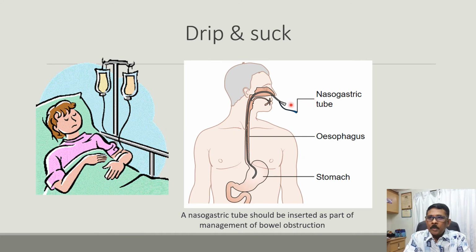The tube is inserted through the nose and pushed down, and there's an opening at the tip which lies in the stomach. This helps to decompress the stomach and the small intestine, which are the proximal segments that are dilated in bowel obstruction. The nasogastric tube is connected to a suction apparatus, and this can be applied intermittently or continuously depending on the situation.